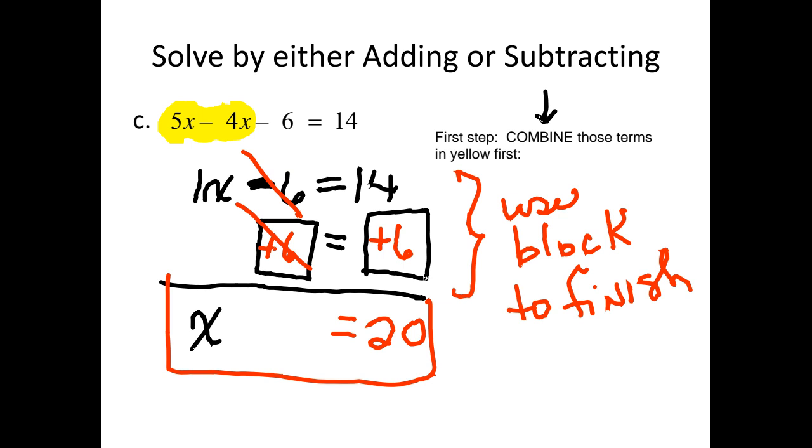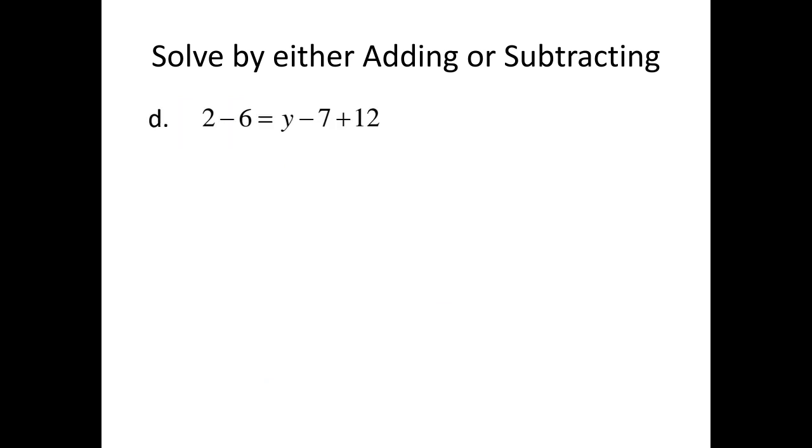Okay, now we're going to get a little bigger. First step, combine the yellow terms on the left-hand side of the equal sign and combine the orange terms on the right-hand side of the equal sign.